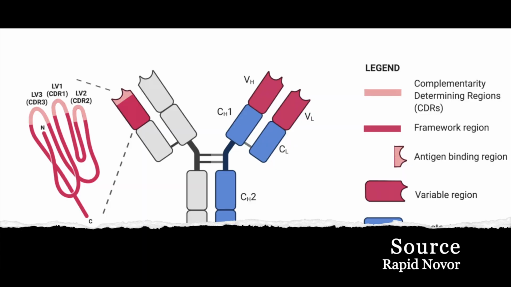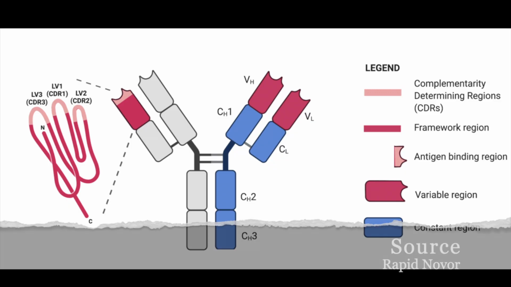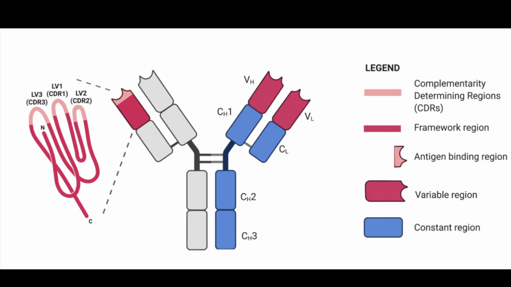So just looking at the structure of what an antibody is, B cells create antibodies. This is generally what their structure looks like. You have the heavy chain, the light chain, and then the most important part is this complementarity determining region, shown in this light pink there.